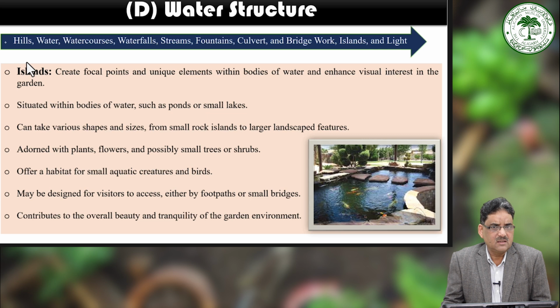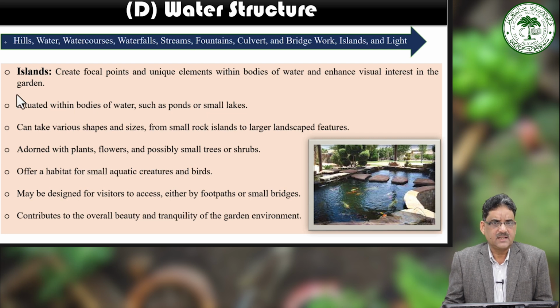Moving further in relation to water structure, the next feature is the islands. Islands create focal points and are unique elements within bodies of water. They enhance visual interest in the garden. Typically, they are situated within bodies of water such as ponds or small lakes.